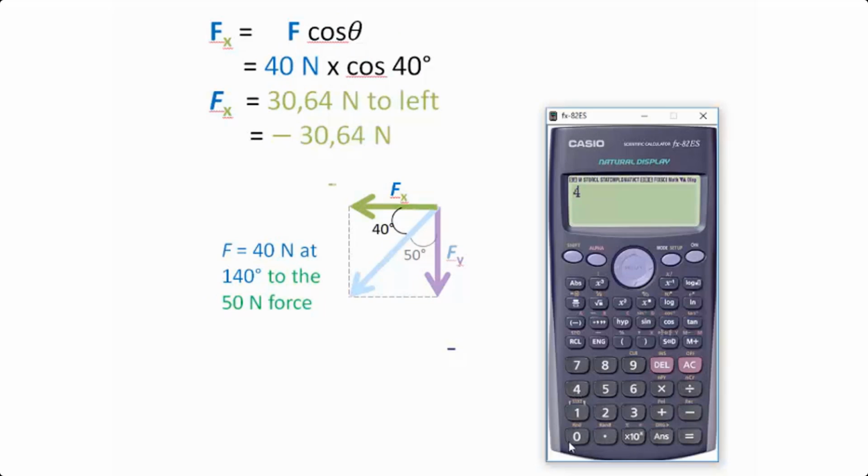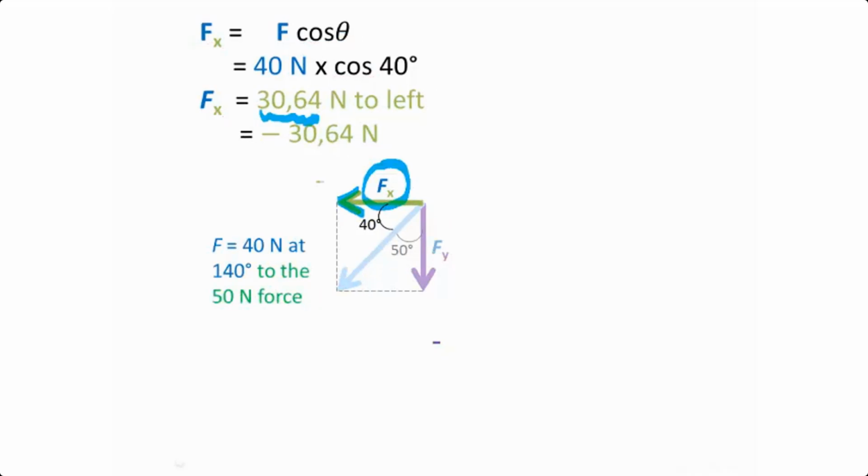On your calculator, type 40, then type cos. Multiply that by 40, and you should get 30,64. Obviously, the unit is newtons. So we've calculated Fx here, and we know that it's 30,64 newtons. From our diagram, we can see that it's pointing to the left. And remember that we decided that to the left is negative.